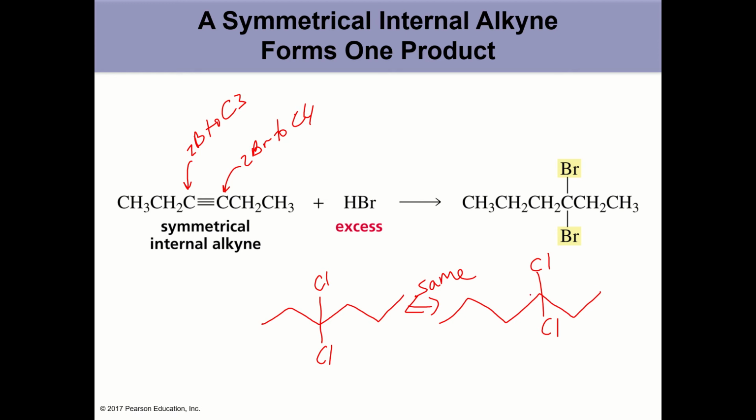What is going to happen is that it's symmetric, so when you number, you're going to give the bromines the lowest possible numbering, and you'll see that they are the same thing. They are both 3,3-dibromohexane. And so they are the same molecule. So a symmetrical alkyne produces one product.